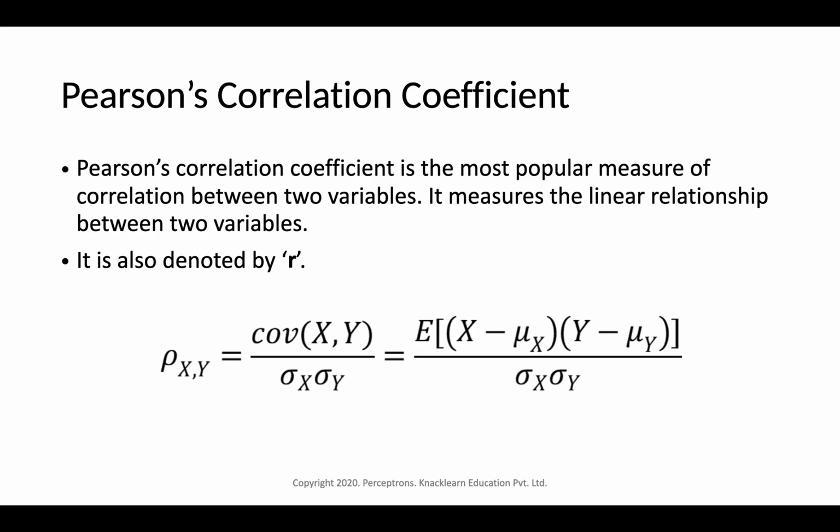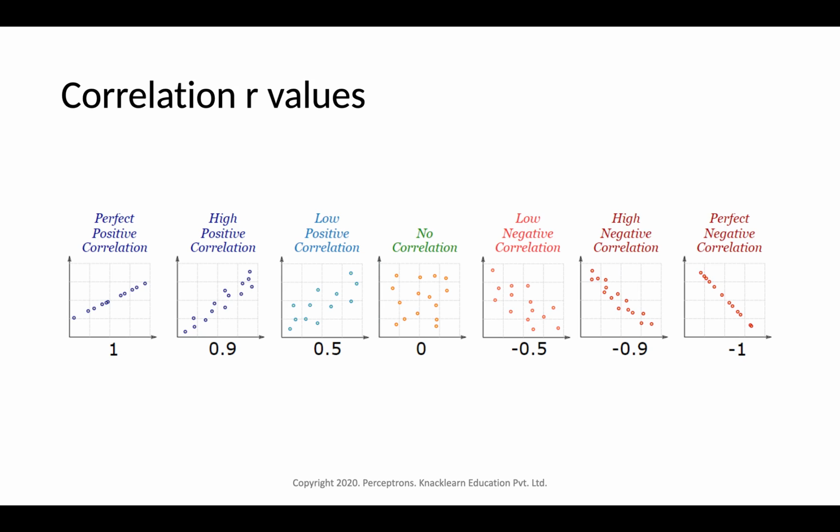To measure correlation, we have Pearson's correlation coefficient, which is covariance divided by the standard deviation of the data. It can be a positive correlation if you get a positive value of r, a negative correlation if you get a negative value of r, and no correlation if the value is 0.